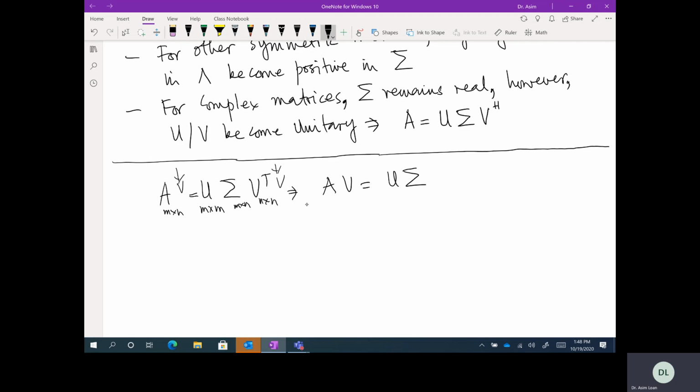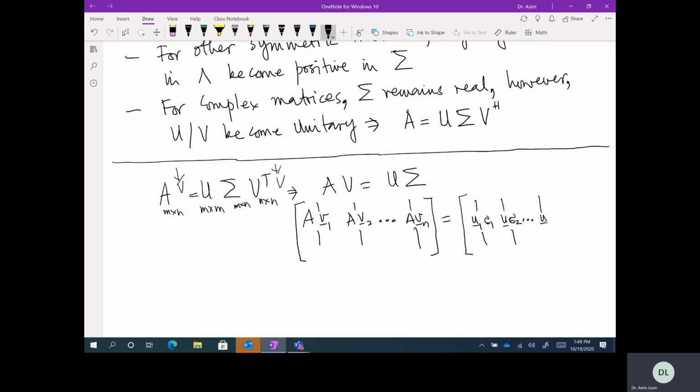If I write this out, it will be A V1, A V2, up to A Vn, and this will be equal to, since sigma has R non-zero values, U1 sigma 1, U2 sigma 2 up to UR sigma R, and then 0, right?